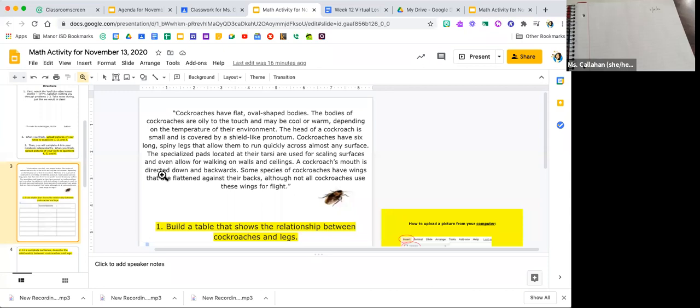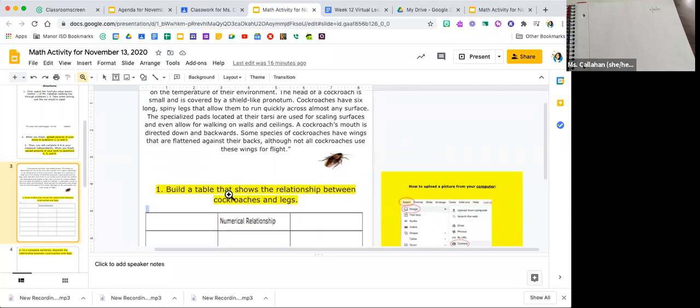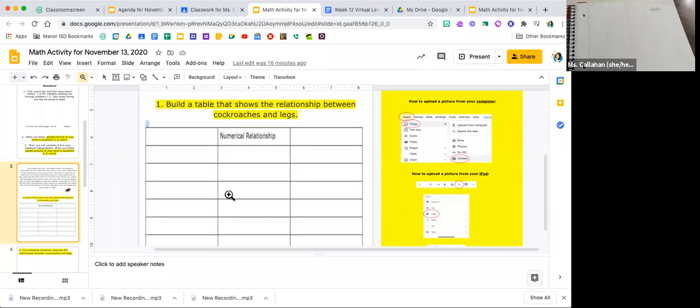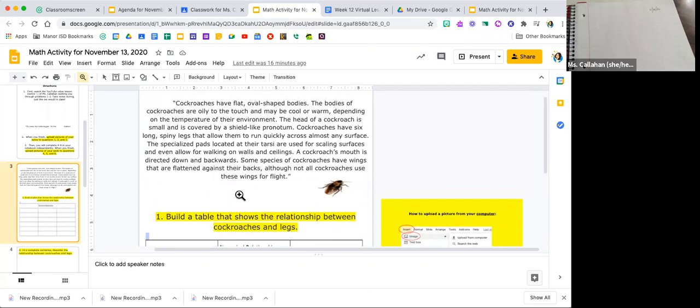Some species of cockroaches have wings that are flattened against their backs, although not all cockroaches use their wings for flight. So what we are going to do is build a table that shows the relationship between cockroaches and legs. So cockroaches are going to be our input, legs are going to be our output. We are going to have to find the numerical relationship together. So first and foremost, we need to figure out how many legs a cockroach has.